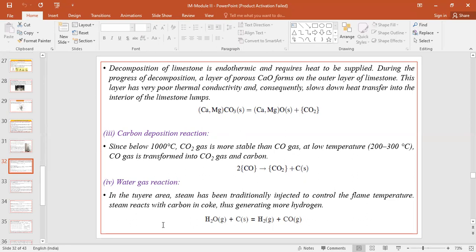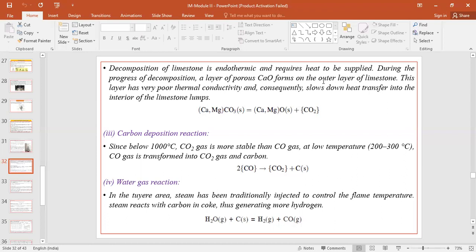If it exceeds the acceptable limit, there is a possibility of silicon transfer into the hot metal, and the acceptable range of silicon should be around 1.4% for steel makers. If it is beyond that, then we have to do external desiliconization.